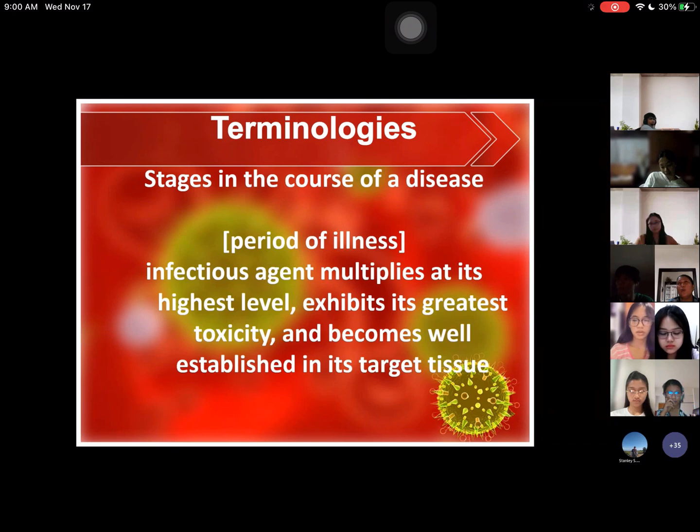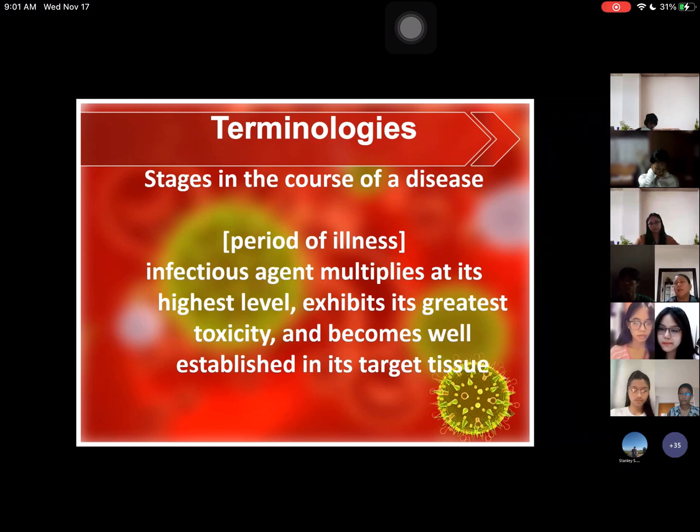Meaning, in the COVID-19 disease, you already know what the signs and symptoms are, and what specific system they appear in. That would be your respiratory tract, which it usually targets. Okay? So doon ka nahihirapang huminga. Okay?